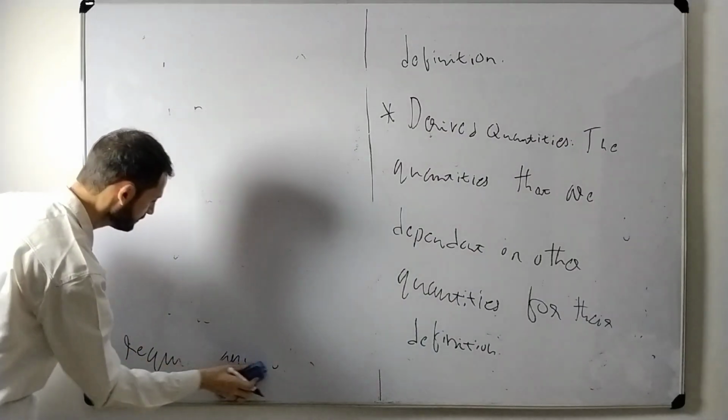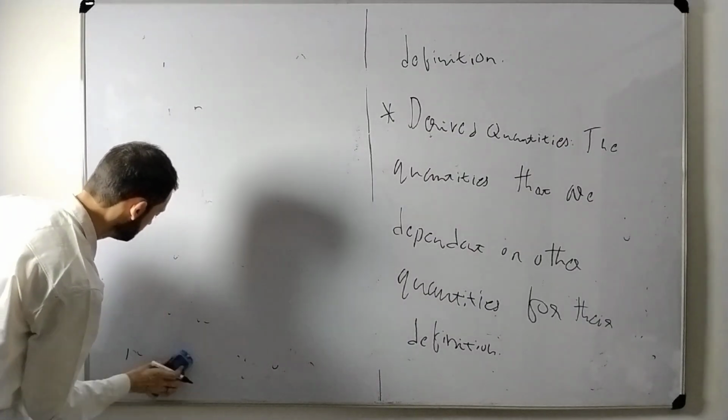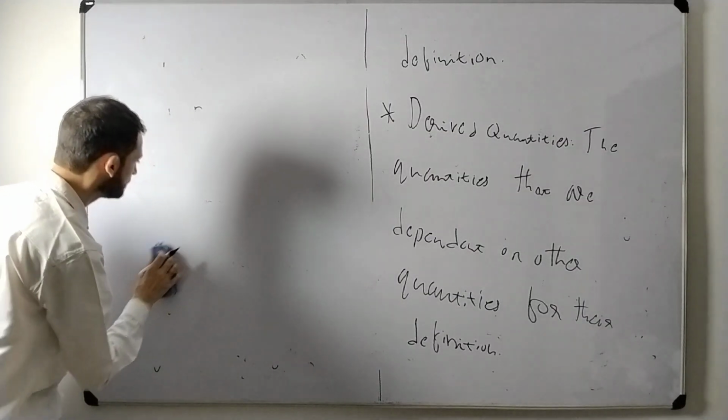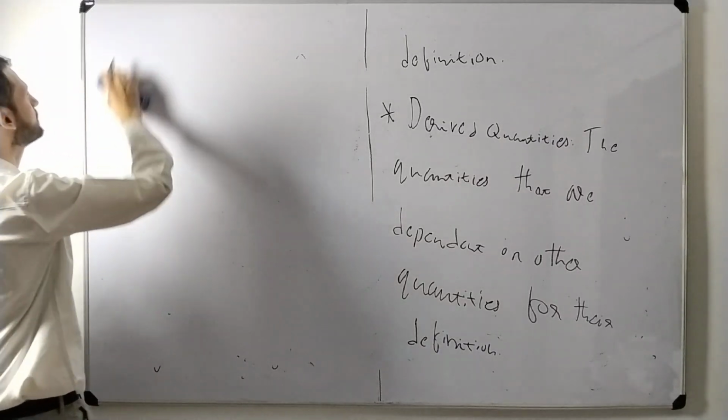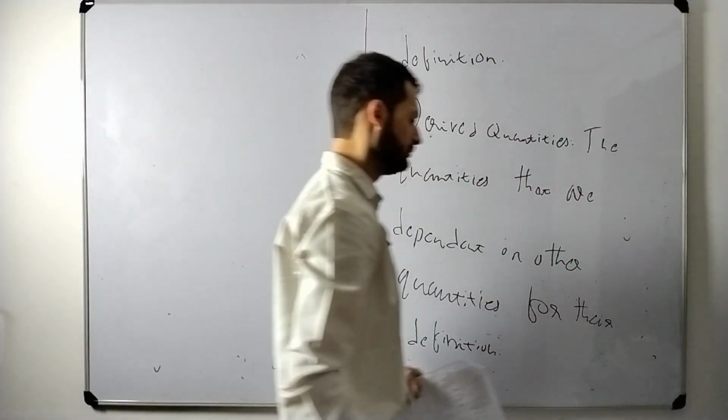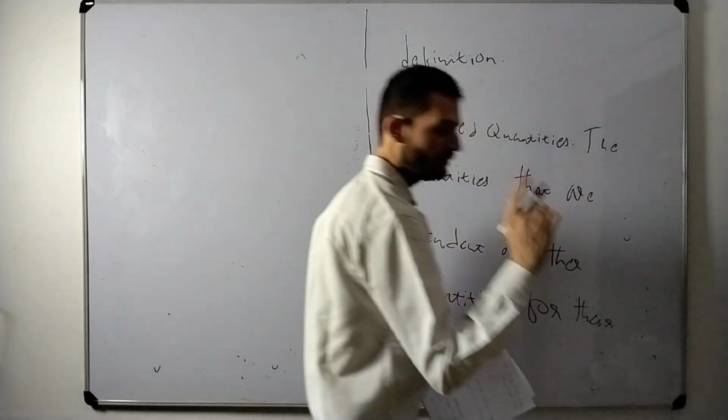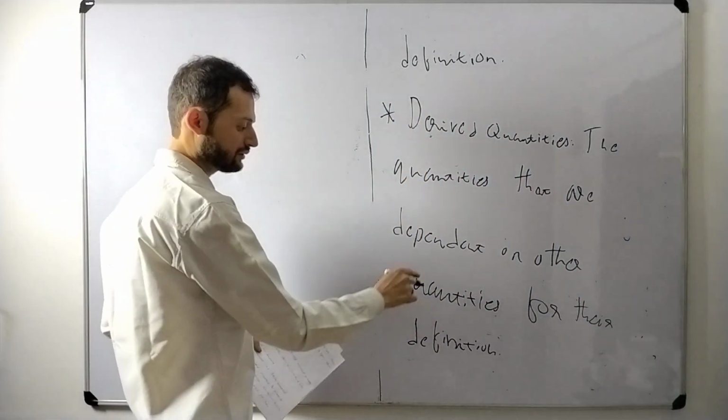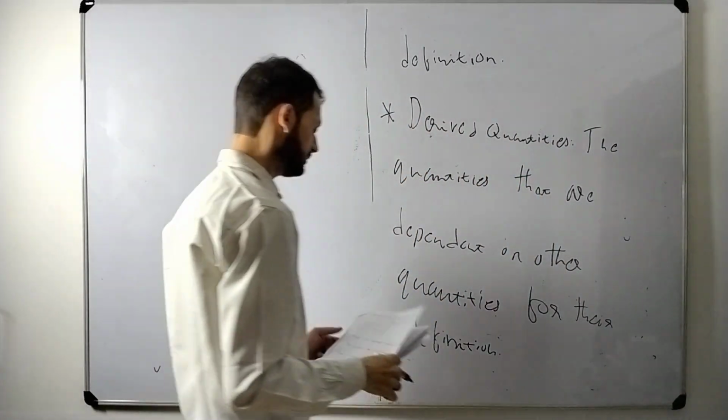So basically velocity, acceleration, work, power, energy. So these are basic. And you will notice one thing, that all have dimensions.